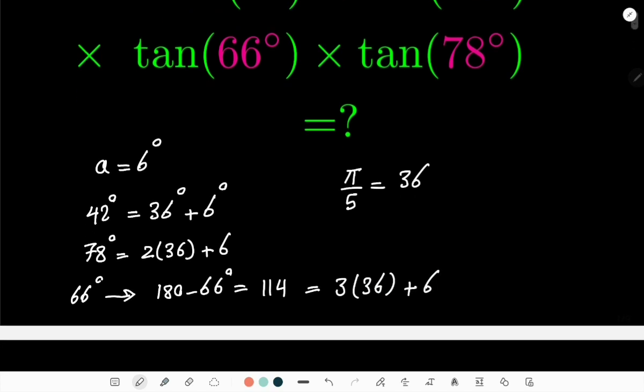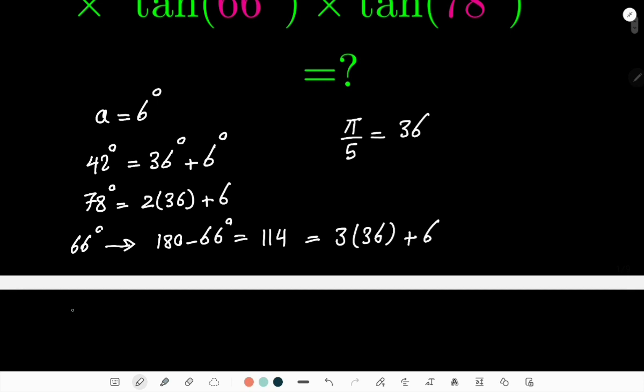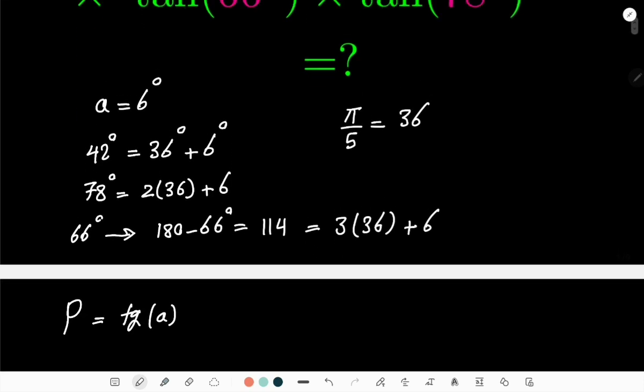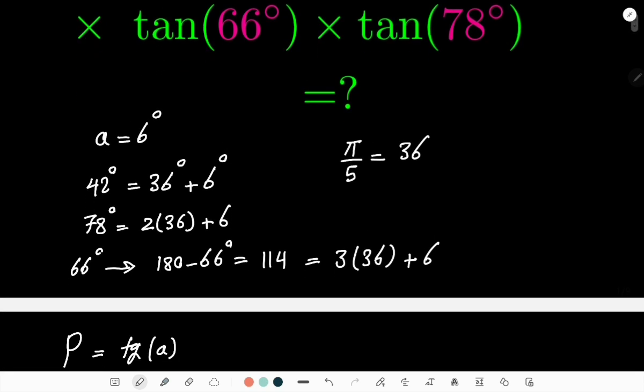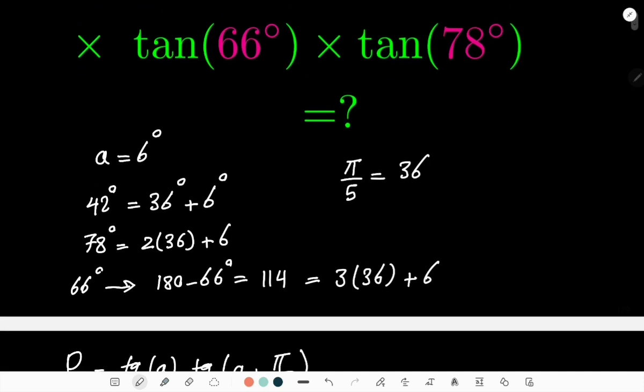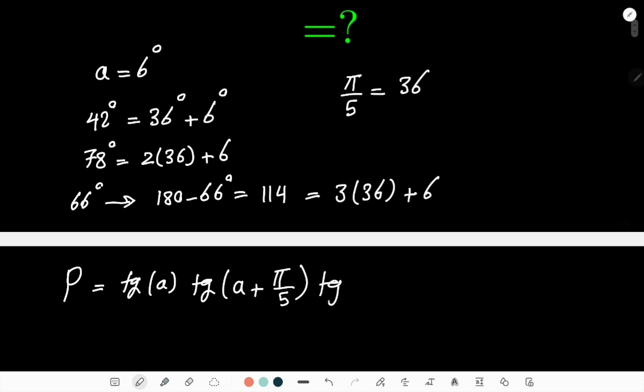So let's call that product P. Then P is nothing but tangent of A, which is basically 6 degrees, and 42 was tangent of A plus pi over 5. And by the way, 78 was tangent of A plus 2 pi over 5.